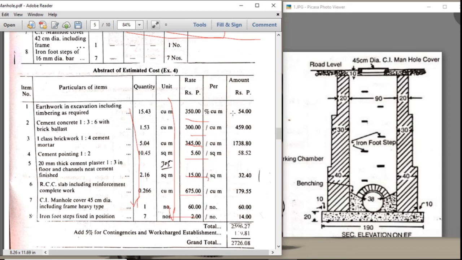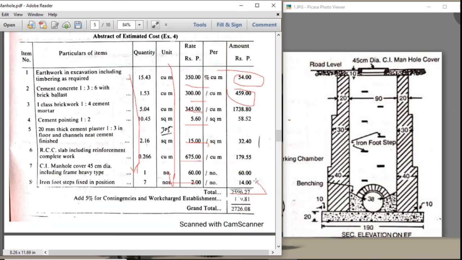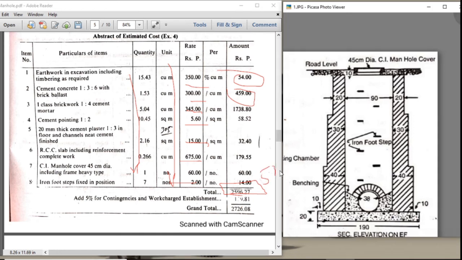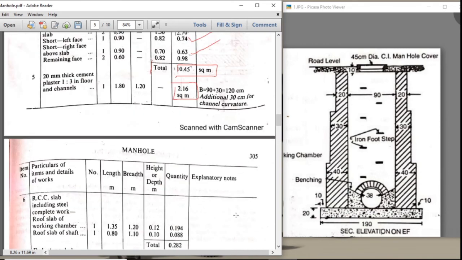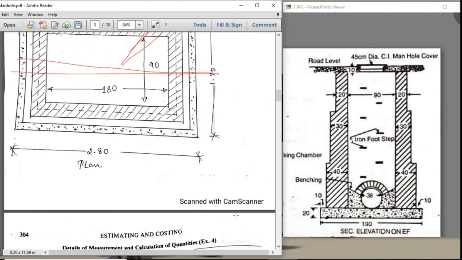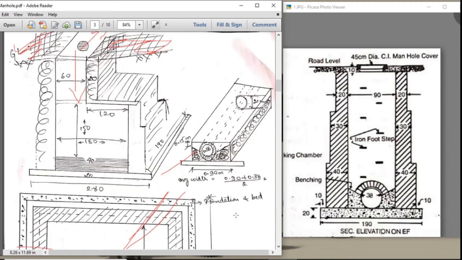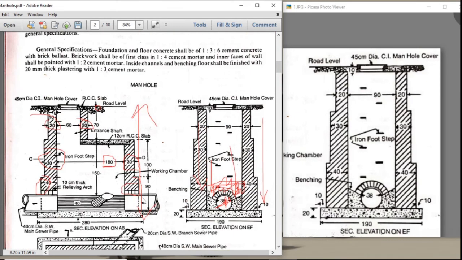Multiplying, you will get the amount. For this total amount we must add 5% contingencies. Adding 5% of that total, we will get the grand total as 2726.08 rupees. So this was the detailed estimation of a manhole for the drawing given.